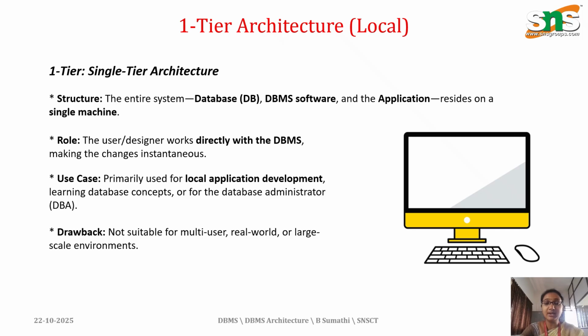Use case: primarily used for local application development, learning database concepts, and database administration. The drawback is that it is not suitable for multiple users or real-world, large-scale environments. So this is your one-tier architecture, where the database, the DBMS software, and the application are all on a single machine.